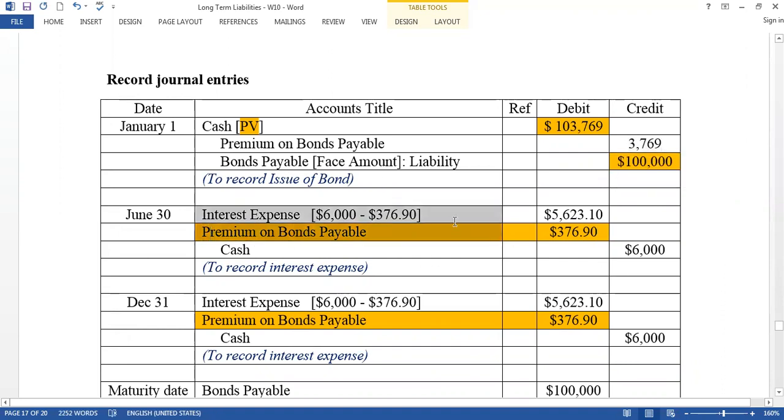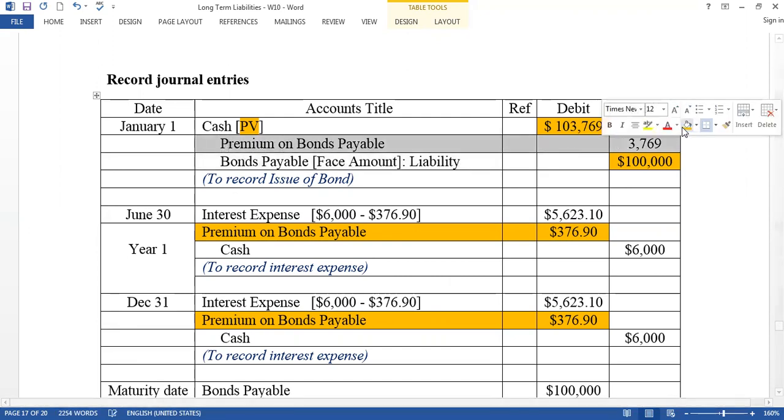Okay, so this is year one. What we are going to do? Before we record premium credit, now we record premium debit. Why? Because this account is going to decrease, right?